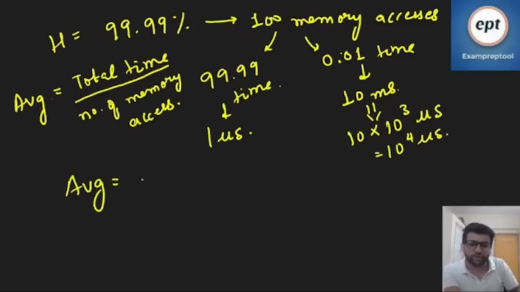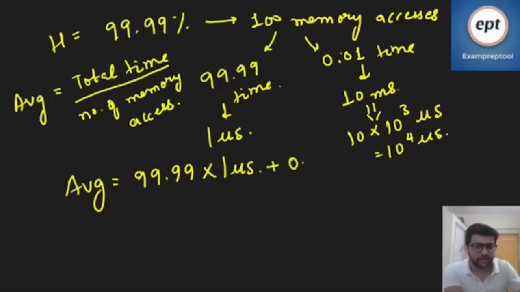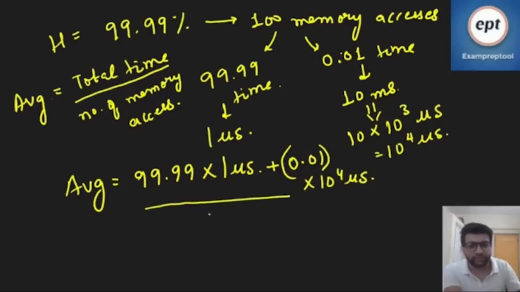The average will be equal to 99.99 into 1 microsecond, which is how much time it took when we had a hit, plus 0.01 times it took 10 power 4 microseconds. And what was the total number of memory accesses?